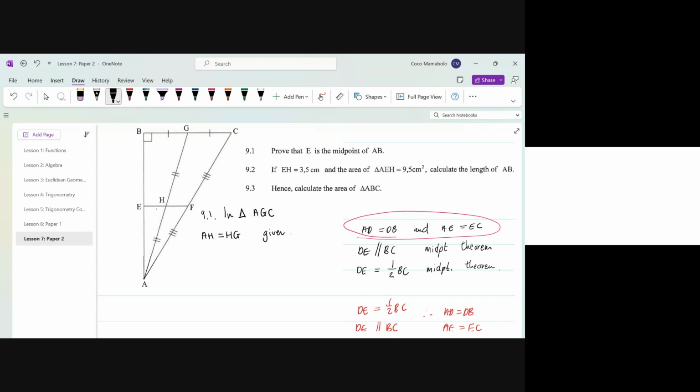And we also know that AF is equal to FC. That's also given. What part of the midpoint theorem does that prove for us? What does that then tell us? If those two are equal to each other, it's written right here, guys. It's right over here. What does that then tell us?